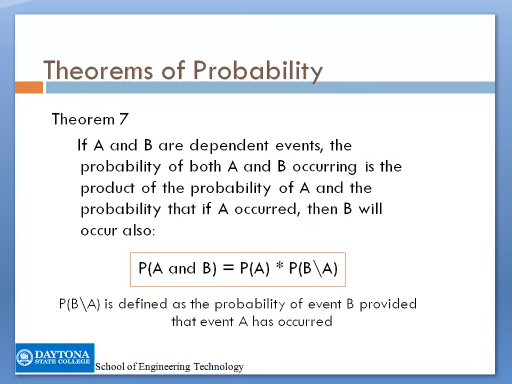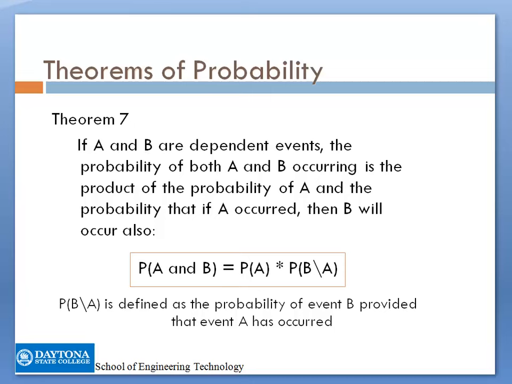Okay, theorem number 7 is about dependent events. So if A and B are dependent events, the probability of both A and B occurring is the product of the probability of A and the probability that, if A occurred, then B will also occur. Okay, so this is equal to the probability of A times the probability of B given A, which is defined as the probability of event B provided that event A has occurred.